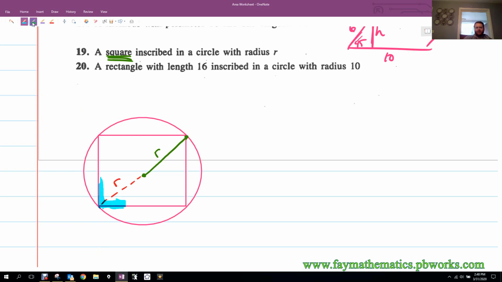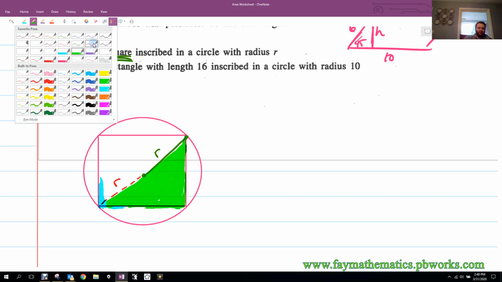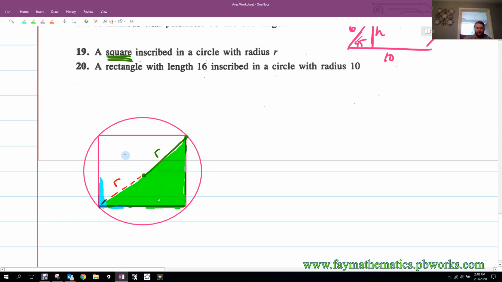And once you figure that out, it should tell you what kind of triangle this is. And once you know what kind of triangle that is, obviously it's a right triangle, but it can be more specific. Knowing that the hypotenuse here is 2r, you should be able to find that side length and that side length. And either multiply them together or just square one of them to find the area then of that square.